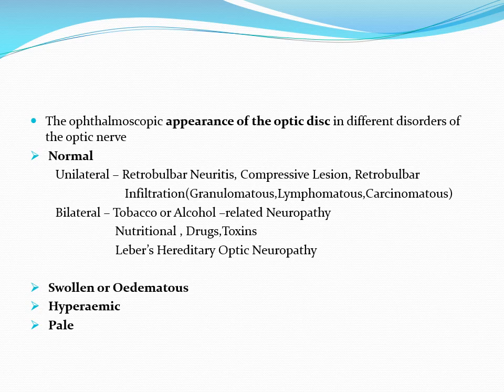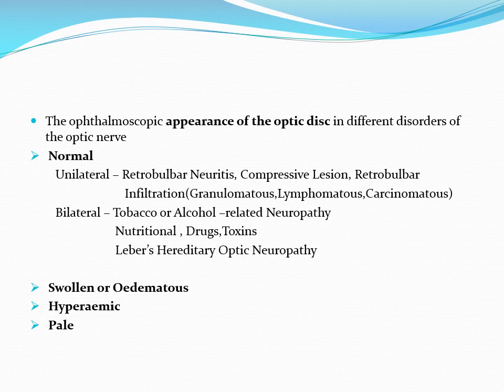Ophthalmoscopic appearance of the disc has some differential diagnostic features. The disc will be normal in retrobulbar neuritis, compressive lesion, retrobulbar infiltration like granulomatous, lymphomatous, carcinomatous, or bilateral involvement with normal optic disc: tobacco or alcohol amblyopia, nutritional amblyopia, drugs like ethambutol or toxins, or Leber's hereditary optic neuropathy.